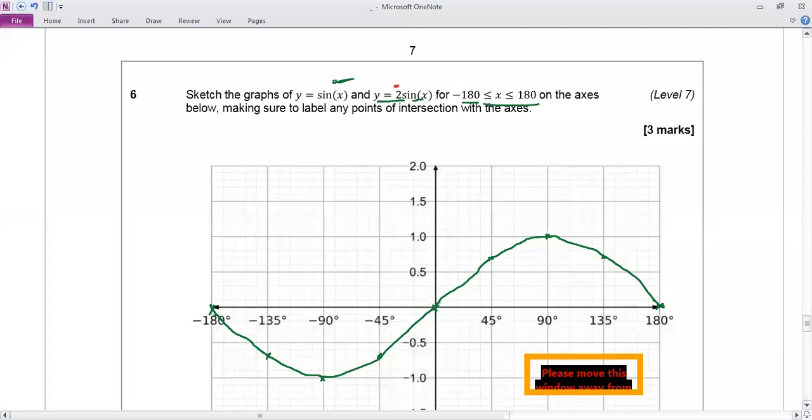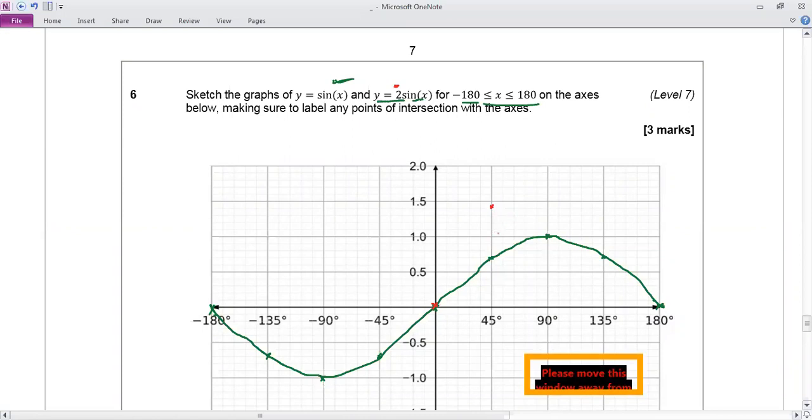You can take 2 sine 0 directly from the calculator, it will be 0. Now, if you take 2 sine 45, it will give 1.41. So where is 1.41? This is 1, 1.1, 1.2, 1.3, 1.4, approximately here.